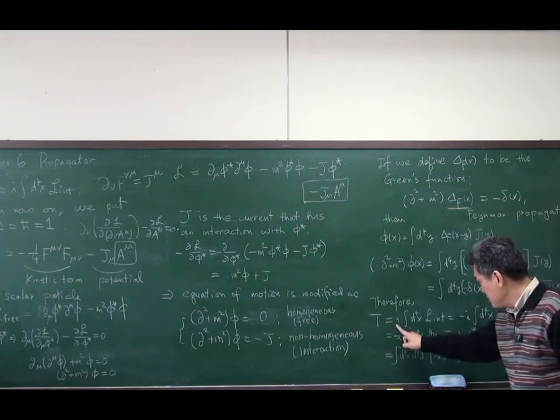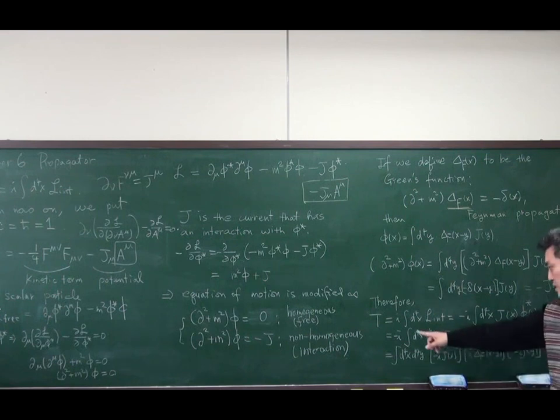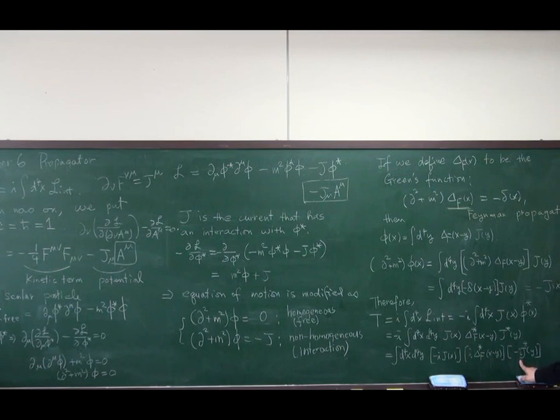Let us put this negative i in either one of the currents, and just keeping the algebra simple, I put just i and minus i. Then each current has a factor of minus i, and the Feynman propagator has a factor of i. In the next class, we will derive the explicit expression for the Feynman propagator.